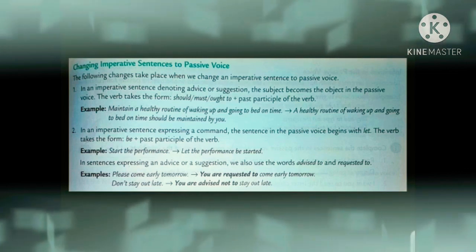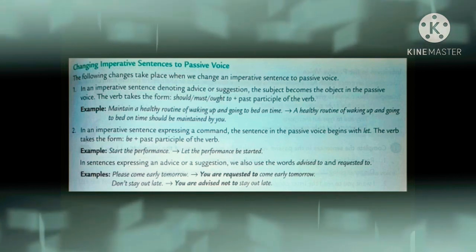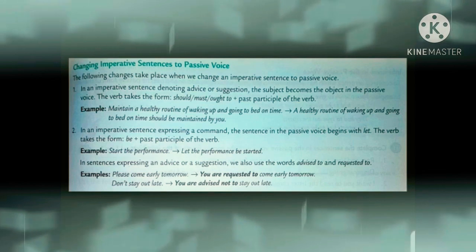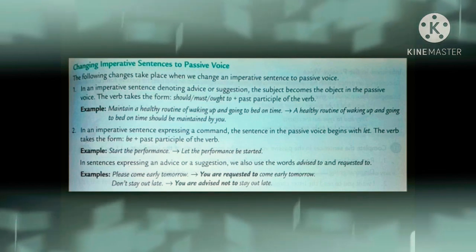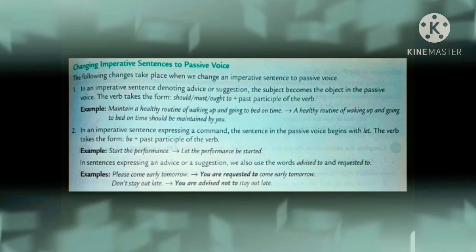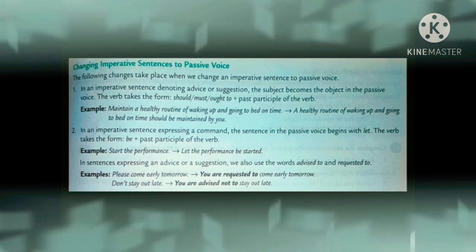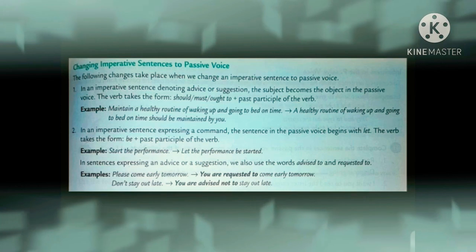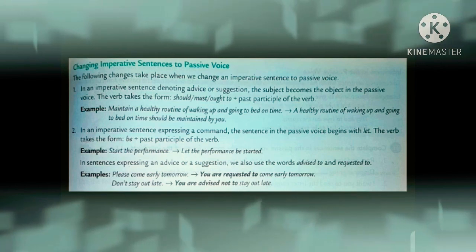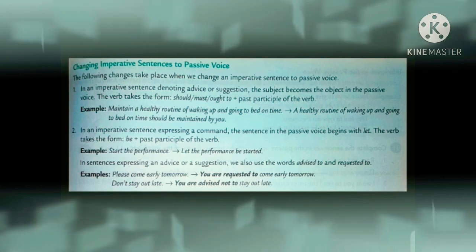There is one more thing, that is, in sentences expressing an advice or a suggestion, we also use the words advised to and requested to. For example, please come early today. You are requested to come early today. Don't stay out late. You are advised not to stay out late.